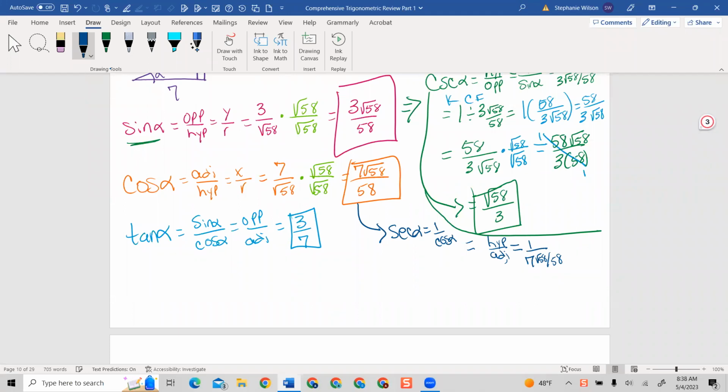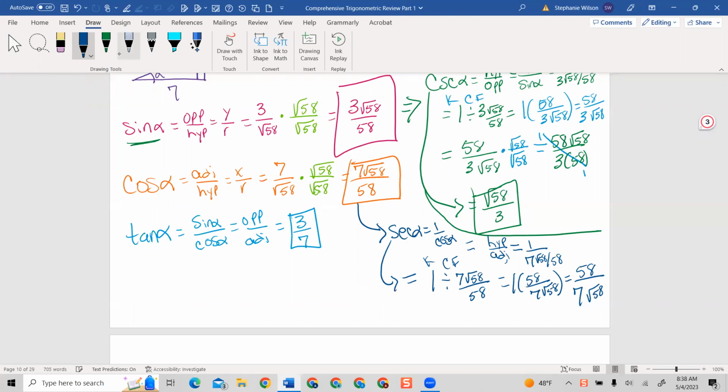I'm going to rewrite that as 1 divided by 7 square root of 58 over 58. We're going to keep, change, flip. So now I got 1 times 58 over 7 square root of 58. I'm going to rewrite it, 58 over 7 square root.